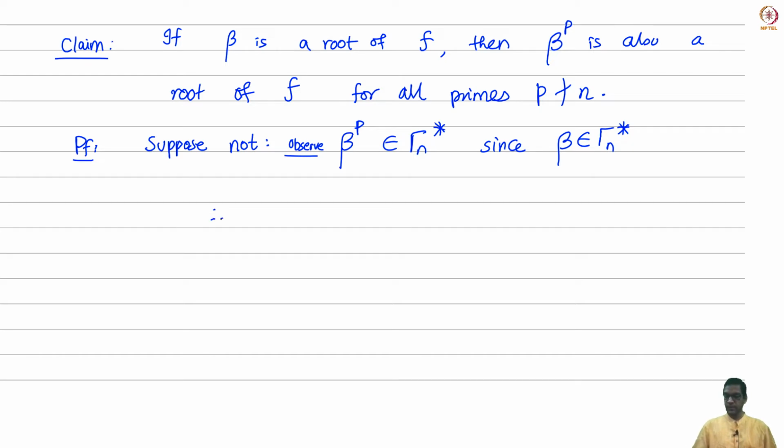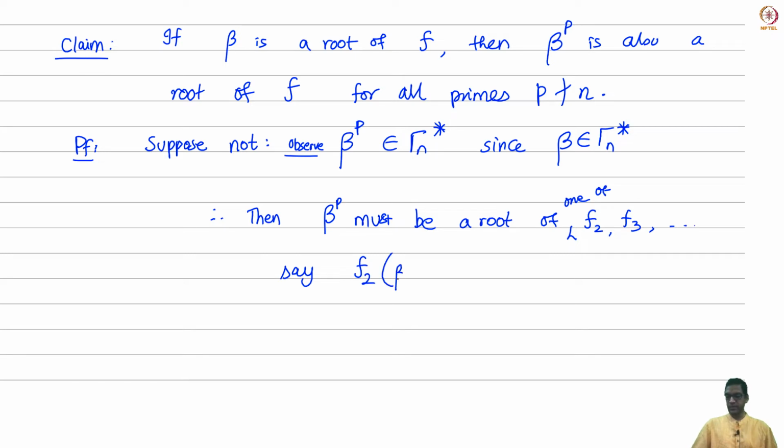Therefore, if beta to the power p is not a root of f, then beta to the power p must be a root of one of the other factors, f2, f3, etc. Let me say that polynomial is f2.